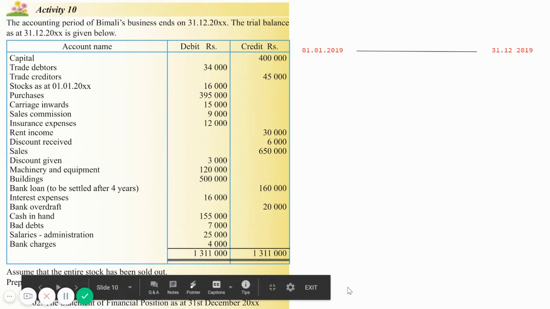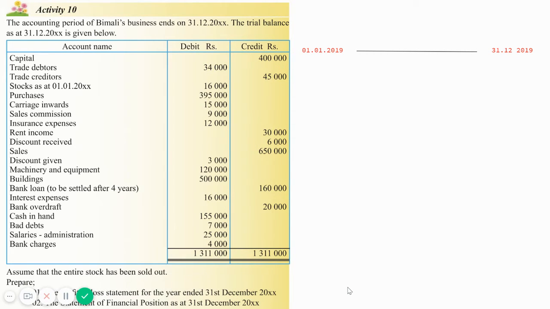Then the first requirement is to prepare the profit or loss statement for the year ended 31st December 2019. And the second requirement is to prepare the statement of financial position as at 31st December 2019.